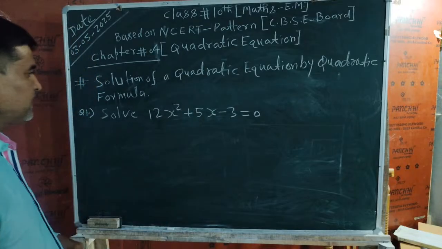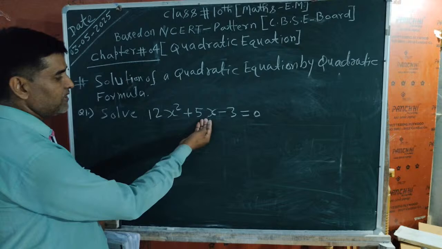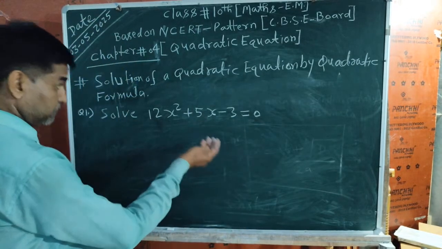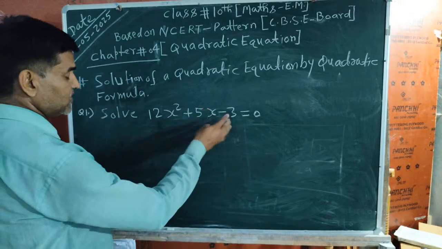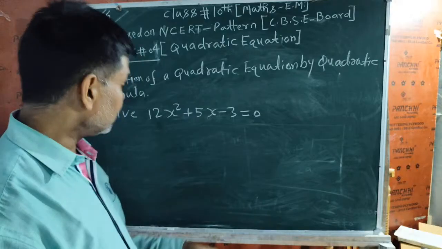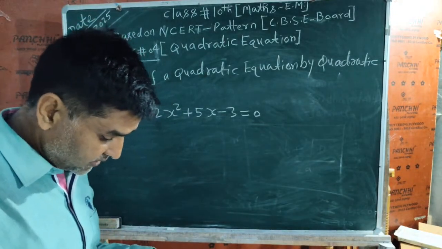Because in the general quadratic equation I have taken the value of a as 12, the value of b as 5, and the value of c as minus 3, and I have put them in the general quadratic equation. After putting, I got this quadratic equation, the particular quadratic equation.